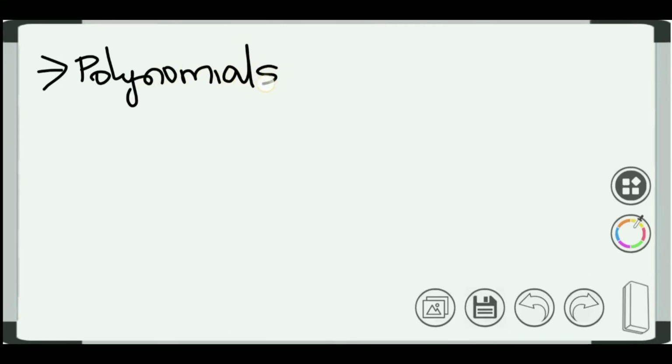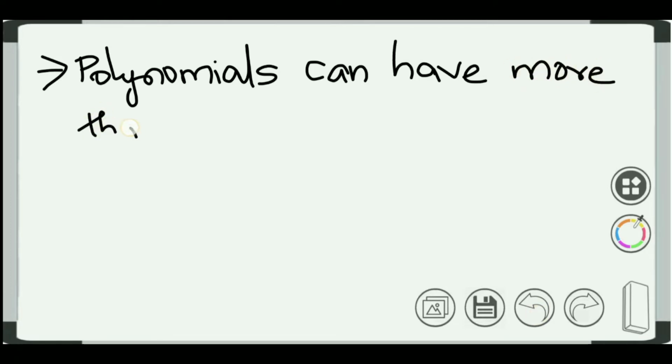Now, another point under polynomials. As I have already told, polynomials can have more than one term.